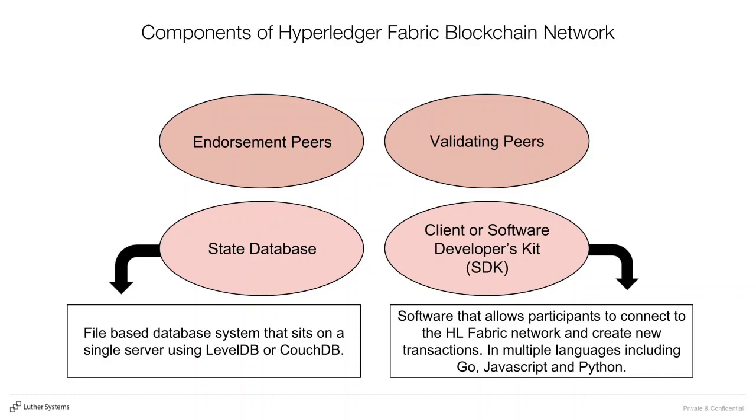We use the one based on Go, but there's one for JavaScript, and also there's one in Python, and at one point there was one in Java. I'm not sure if that's still maintained. But anyway, they're clients. They're ways for off-chain services to create transactions and interact with the blockchain network.